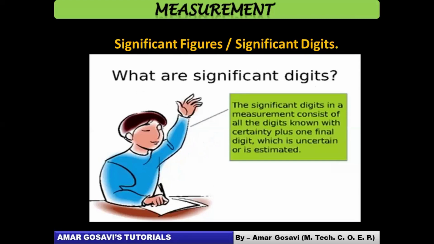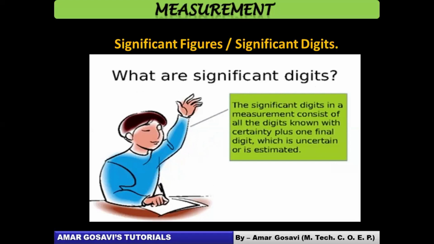Here it's clearly mentioned: the significant digits in a measurement consist of all the digits known with certainty plus one final digit which is uncertain or is estimated. Like for example, if somebody measures 3.995, then 3.99 would be certain digits and 5 is one uncertain digit.